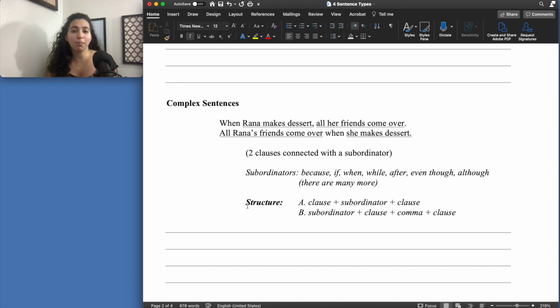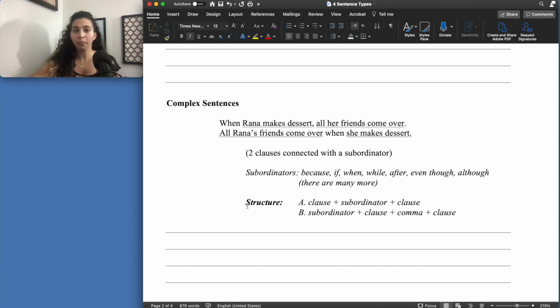So what is a subordinate clause? It is a sentence that cannot stand by itself. It's not comprehensible. You need more information for it to make sense. That's why it's dependent. It depends on the independent clause for it to make sense.